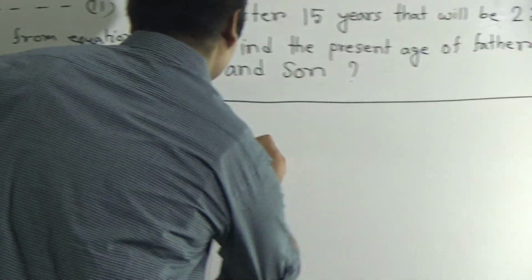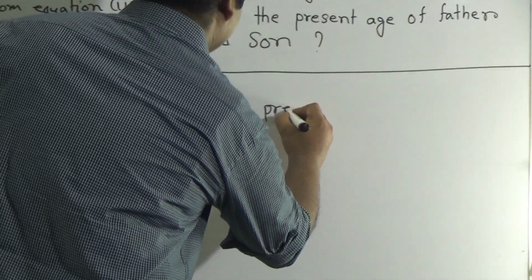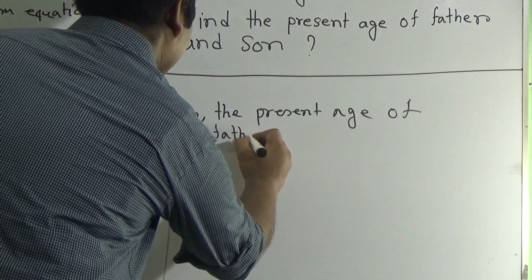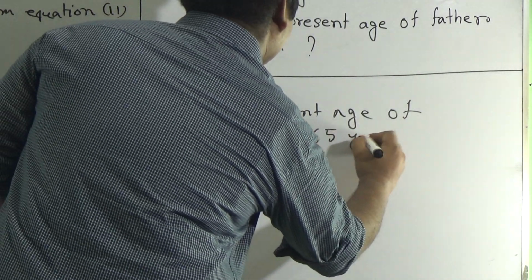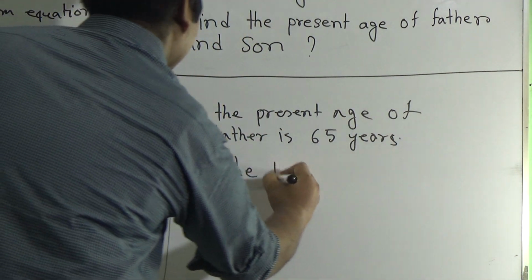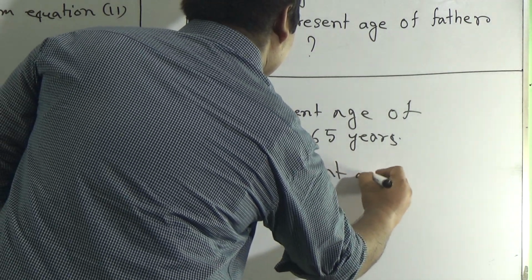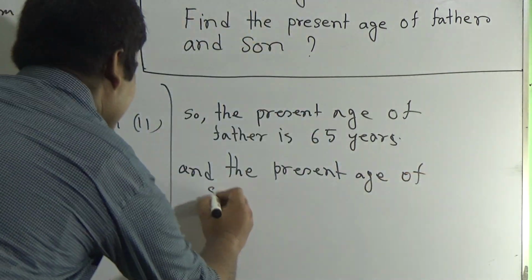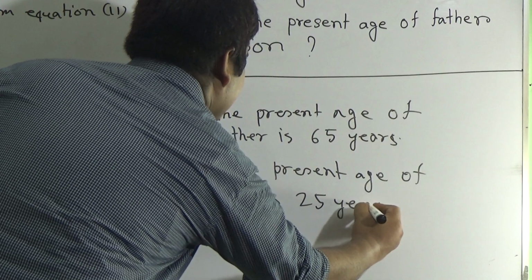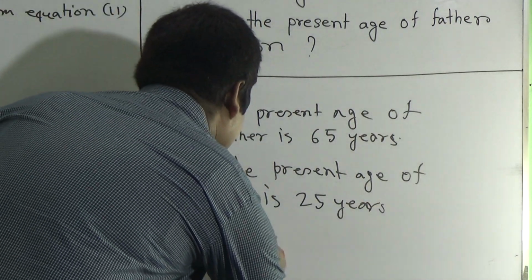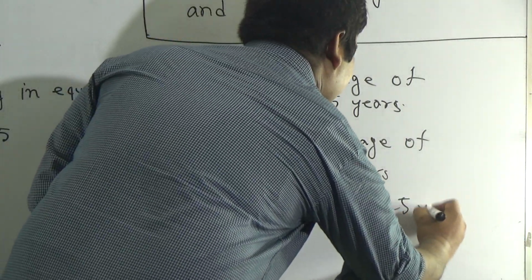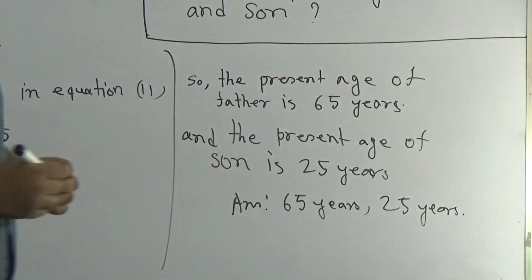So, the present age of father is 65 years and the present age of son is 25 years, and this is the answer, 65 years and 25 years. I hope you have understood.